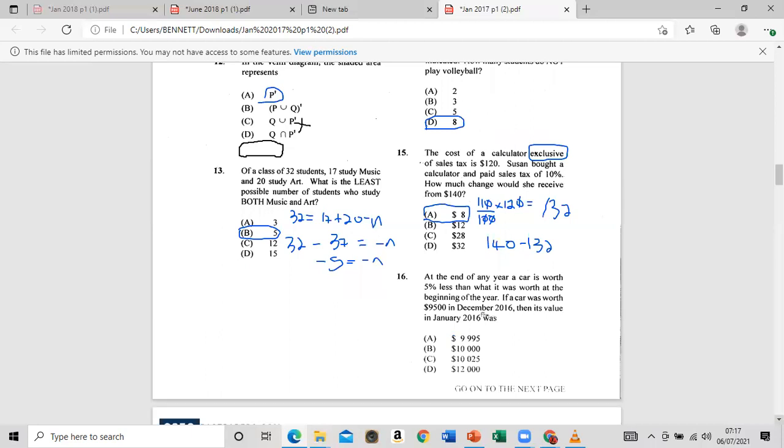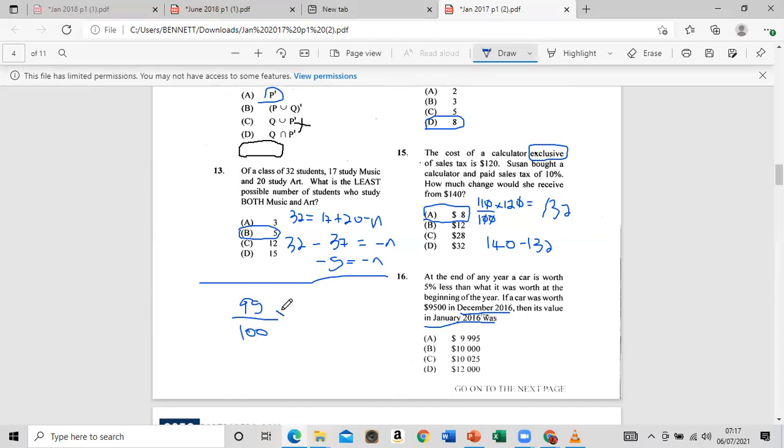At the end of the year, a car is worth 5% less than what it was worth at the beginning of the year. If the car was worth 9,500 in December, so at the end of the year, we want to find out what it was worth in January. So we know that 95% of the car, because at December it will depreciate, right? So at January it was 100%, and 95% of that was worth 9,500.